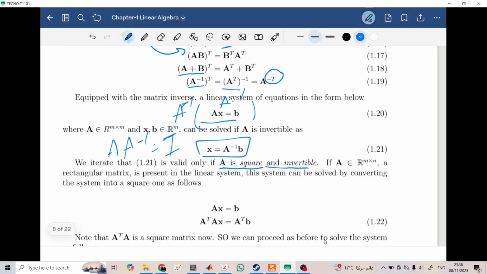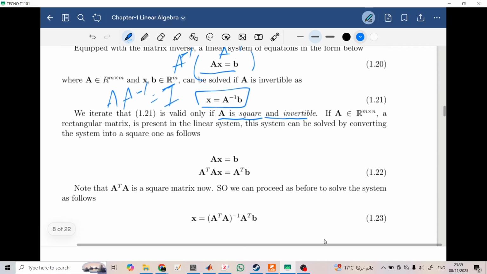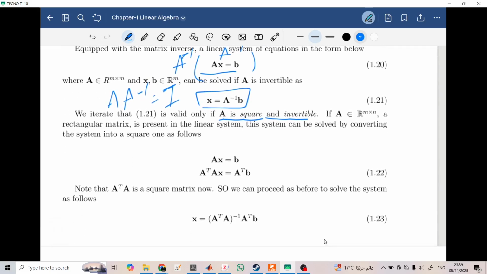Now what if the matrix is not square? How do we solve such a system, meaning that we usually have more equations than variables? One way to do it is to make the system square. How?